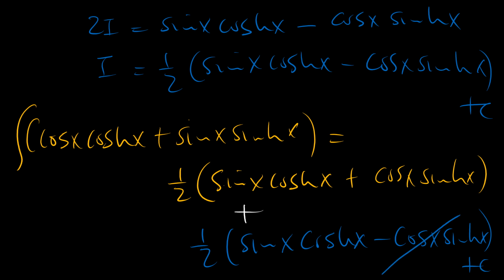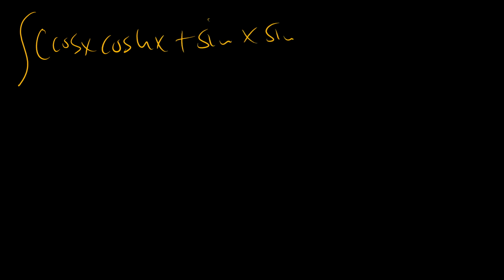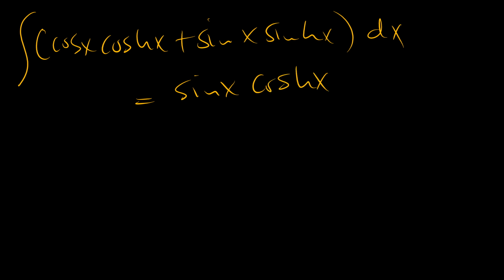We see this and that cancel. So eventually our problem becomes sine x cosh x plus the integration constant.